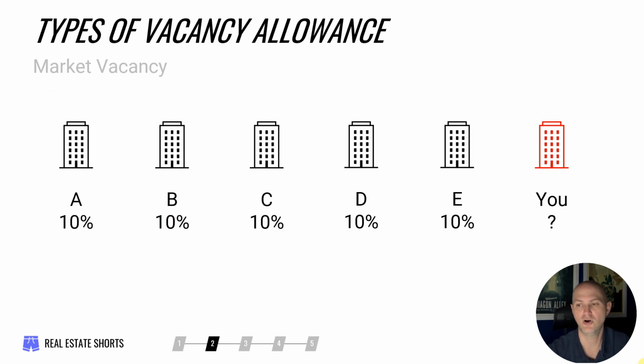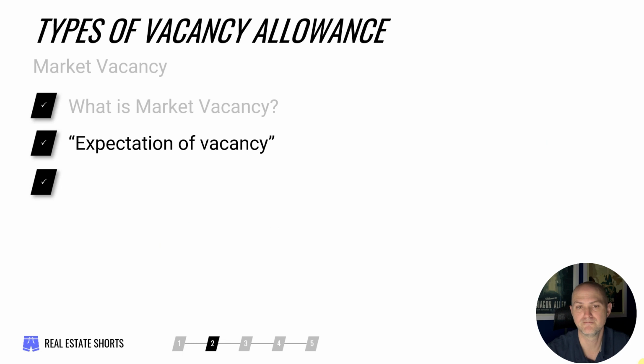And so if all these buildings are at 10%, given the tenant profile, building quality, market, and so on, maybe it's reasonable to assume that you'll be at 10% too. That's what market vacancy is. It is that general level of vacancy consistent across similar properties in a market.